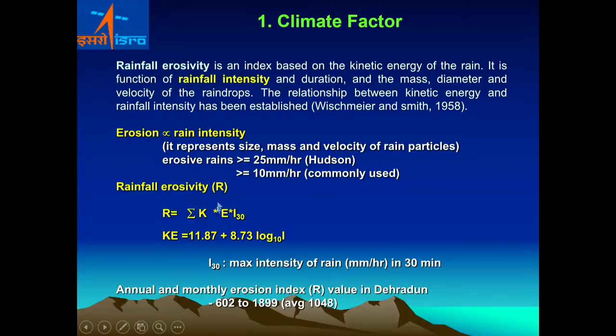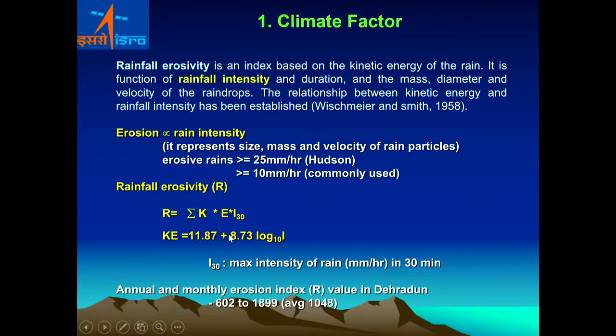And rainfall erosivity, mathematically, can be computed as a summation of kinetic energy K and EI30, the erosion intensity of 30 minutes: in 30 minutes, what was the intensity of the rainfall, that is taken into account. And kinetic energy K can be calculated by this equation, that is 11.87 plus 8.73 log10 I, where I is the intensity of the rainfall.